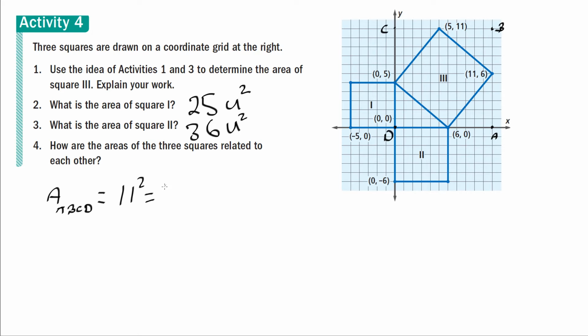The area of this triangle, if I know the sides of the triangle, is equal to 1/2 base times height, 1/2 times 5 times 6. 2 goes into 6 3 times. 3 times 5 is 15.